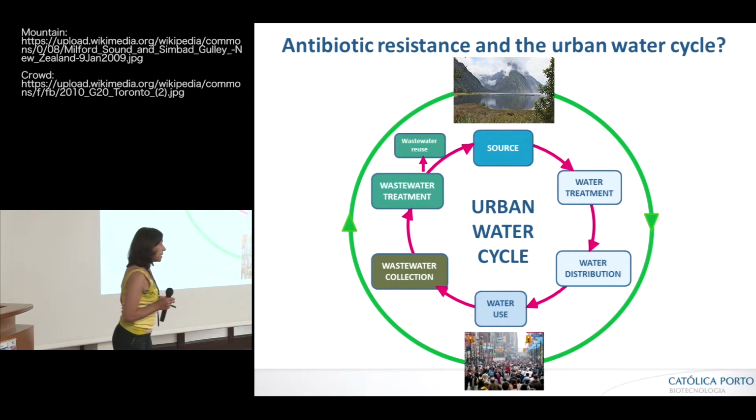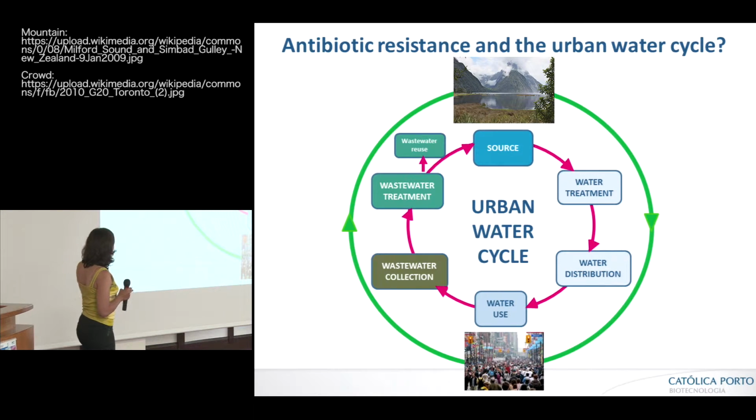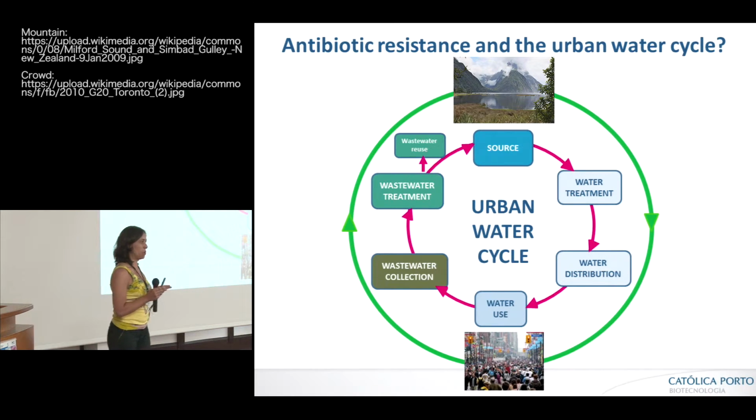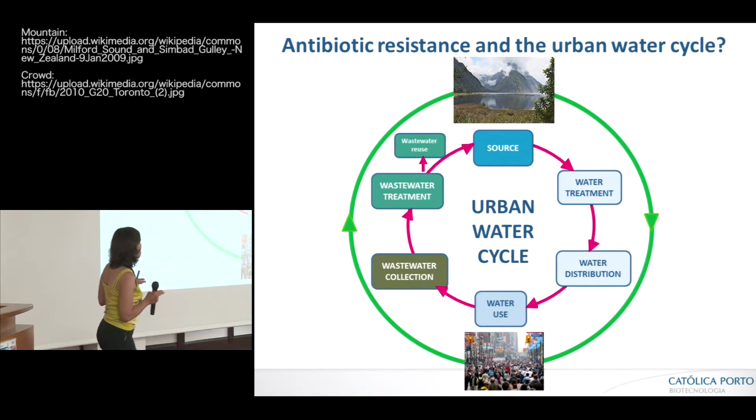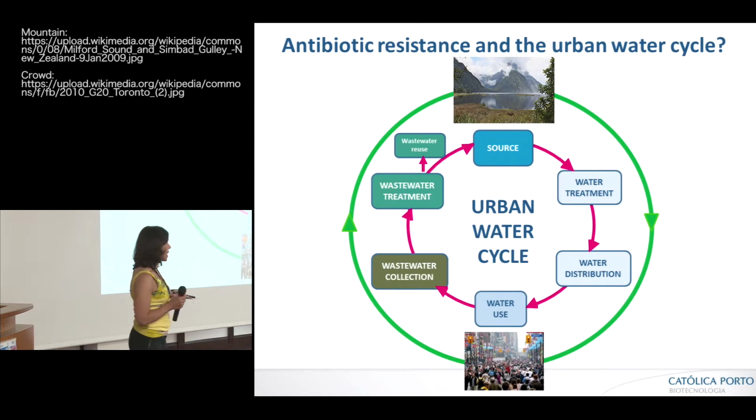The urban water cycle has everything to do with the spread of antibiotic resistance. In this cycle, we have two major parts. One is, let's call it, the unclean part, where we have the water that results from our use and consumption. This water is normally collected, treated, and then delivered again to the environment.